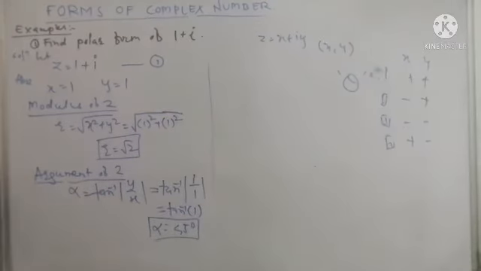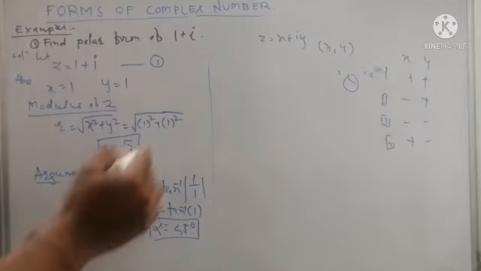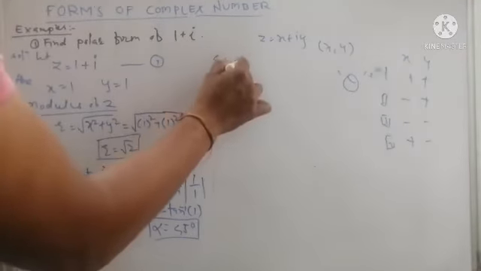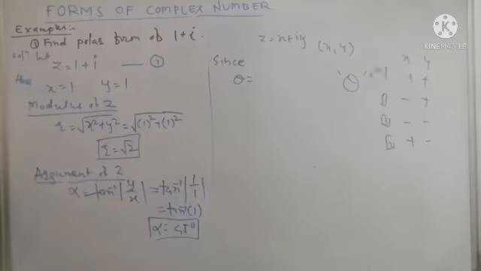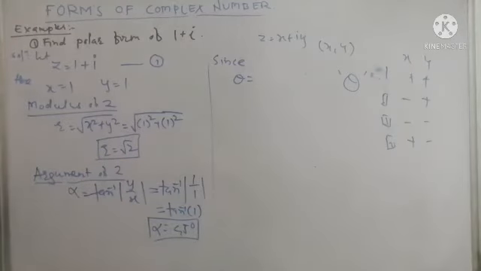As in this example, both x and y are positive, so the angle theta is lying in the first quadrant. As you observe, alpha is 45 degrees, which is an acute angle. So by using mod, we get alpha always an acute angle. Remember this.